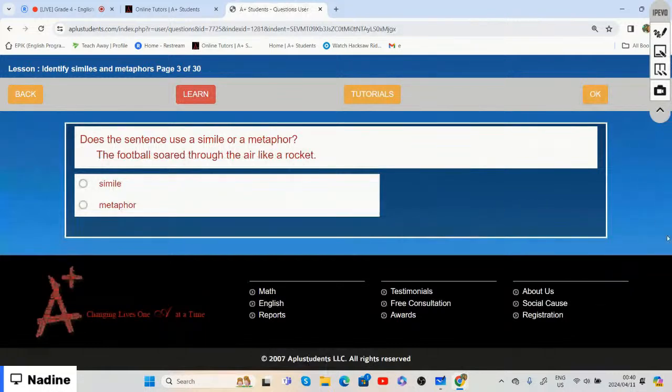And remember, with a metaphor, we don't use the word "like" and we don't use the word "as", whereas with a simile, we use "like" or "as" to compare things. The football soared through the air like a rocket. Is that a simile or a metaphor? Option one or option two?